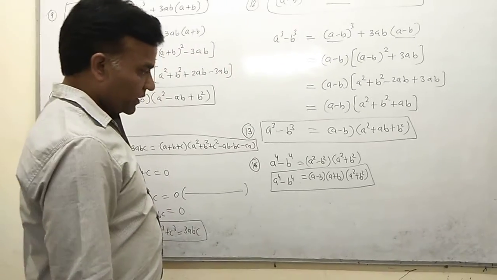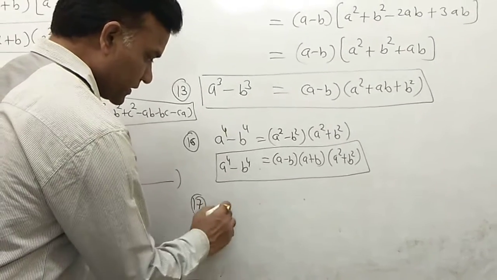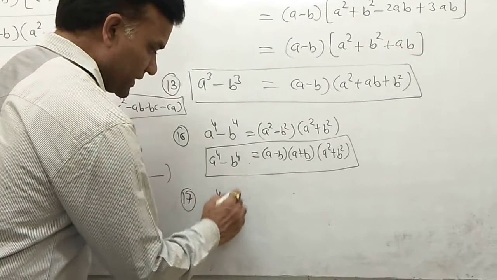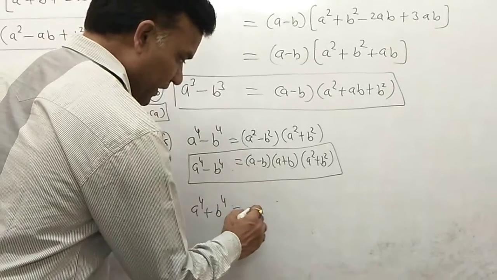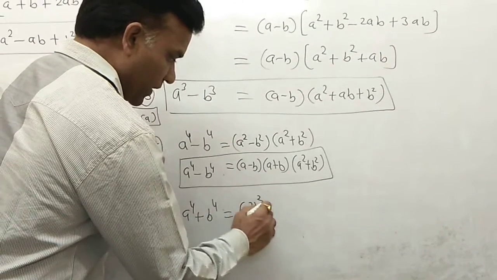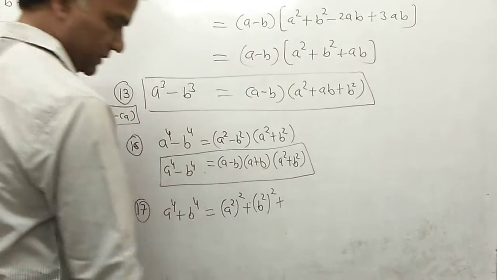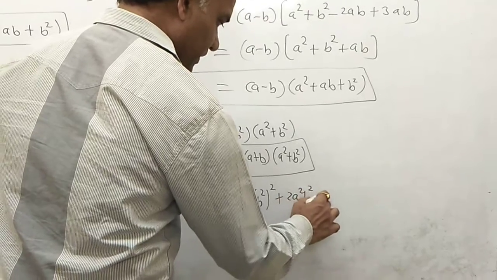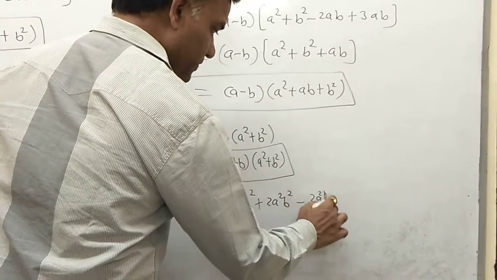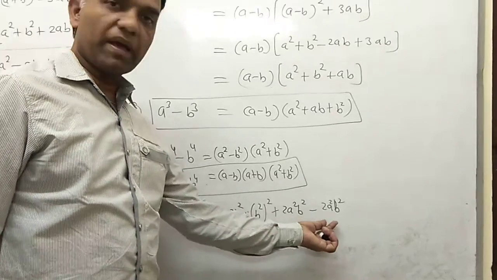Maybe a to the power 4 plus b to the power 4. This is a plus identity, in which we use the concept of (a square) whole square plus (b square) whole square, and then plus 2a square b square, and for the adjustment we also put minus 2a square b square.